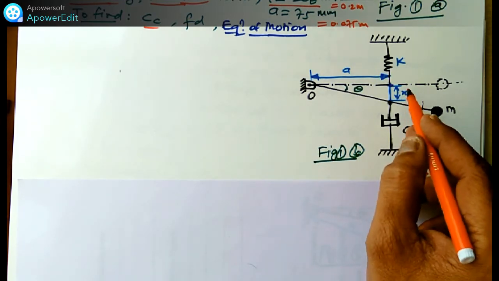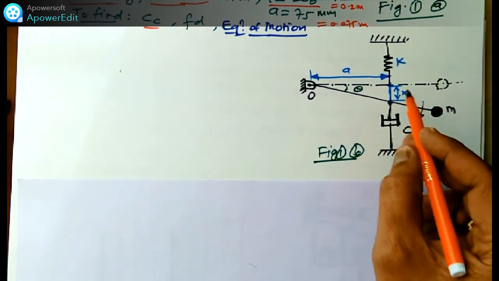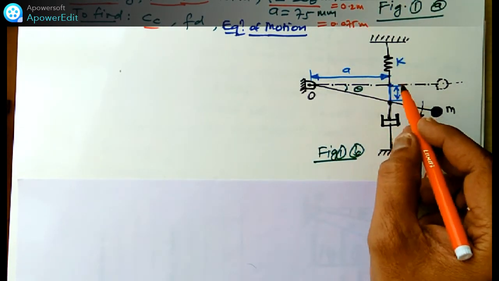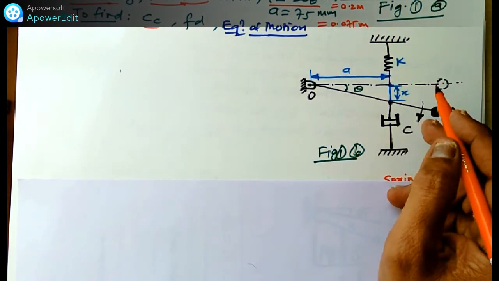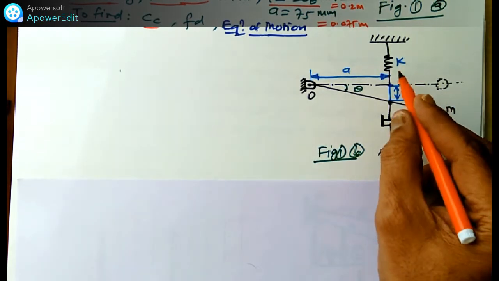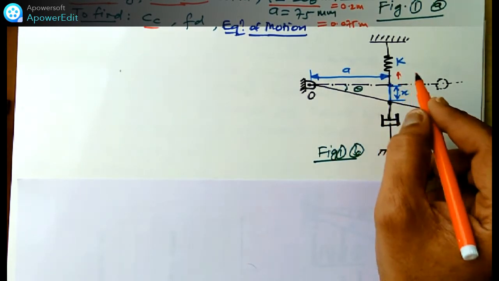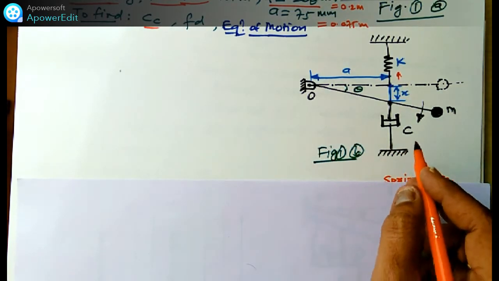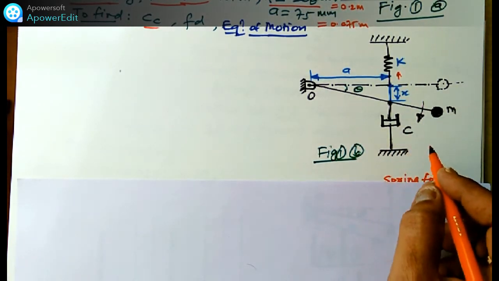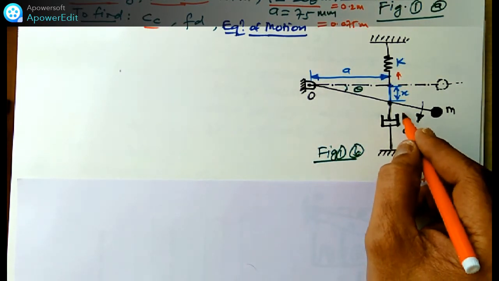So what will happen then? Due to this, the spring will be stretched by the distance x, forming the spring force. When the spring stretches in this direction, the spring force acts in the top direction. The damper is also moved by the distance x, so it forms a damping force like this.